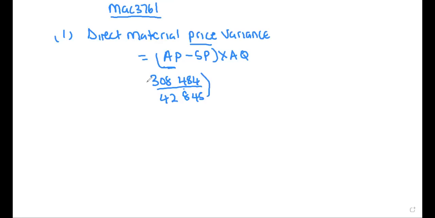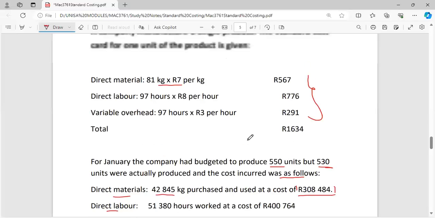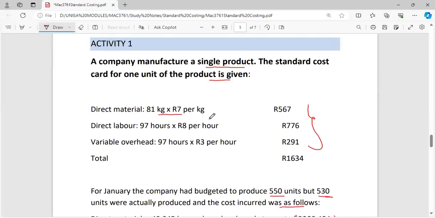Then you say minus the standard price. I think the standard price we have. Let's check. What is going to be our standard price per unit? It's 7 per kg, so that is going to be our standard price on the material.